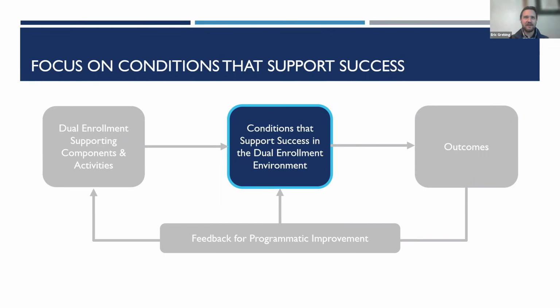A lot of times we're talking about measuring things like culture in organizations, quality of communication, quality of access to resources, things that are difficult to measure. So I want to talk about some of the lessons learned and strategies that we've used in our evaluations to help get at some of those conditions that support success.